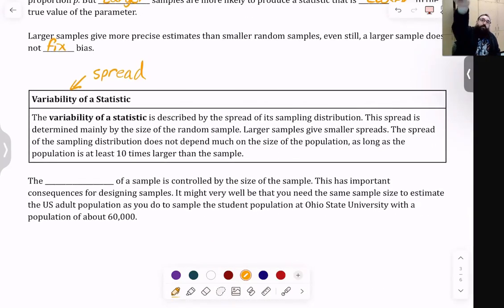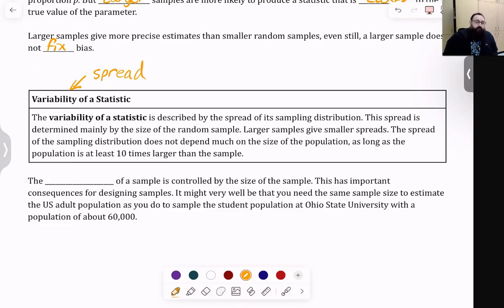So this spread is determined mainly by the size of the random sample. Larger samples will give smaller spreads, and the spread of a sampling distribution does not depend on the size of the population, as long as the population is at least 10 times larger than the sample. We'll talk about that 10 times thing in a little bit.